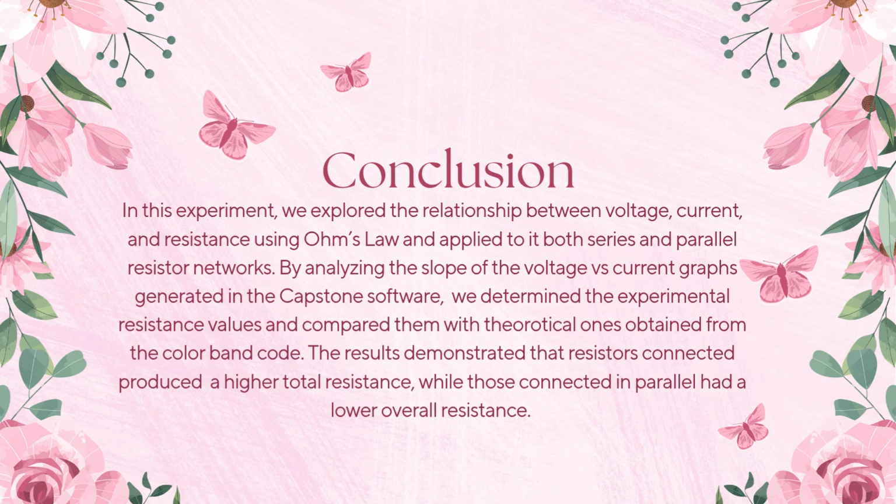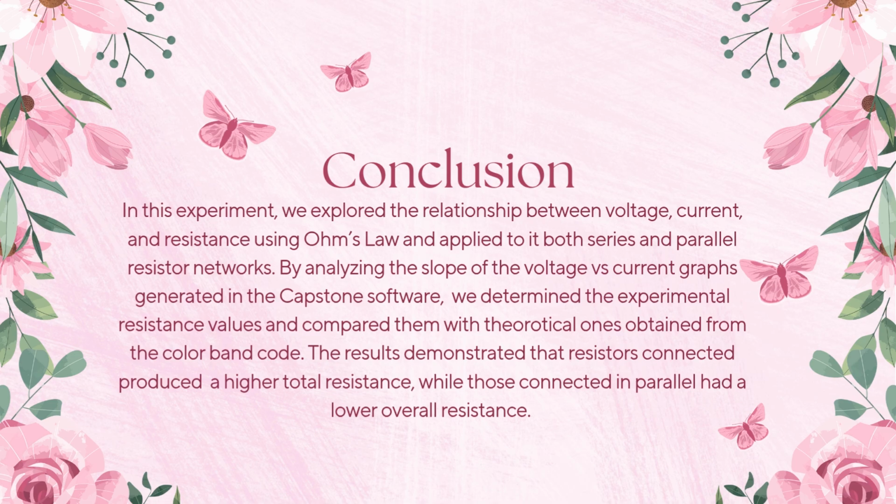Whereas in a parallel circuit, all the resistors are connected at the same points on the voltage source, so the current has multiple paths to travel through. Our calculated resistances were mostly close to the theoretical values, but there were some small percent errors, and that probably came from measurement errors or imperfect connections.